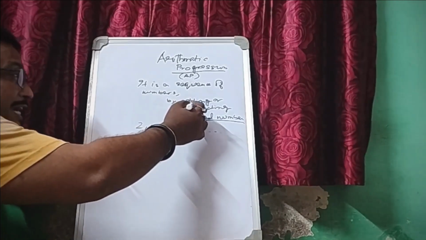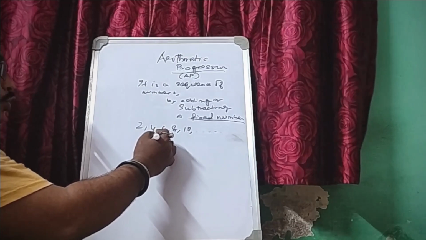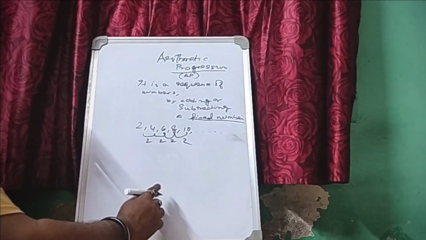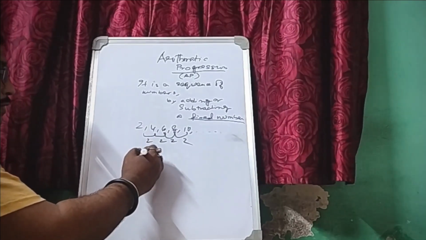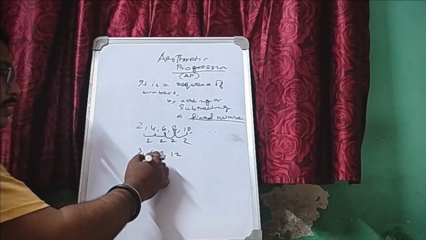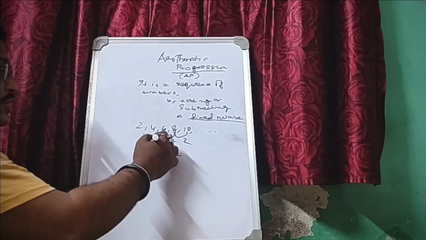And I have already said, adding or subtracting a fixed number. Look at this gap: 2, 2, 2, 2. Maybe it's 3, 3, 3, adding a fixed number.